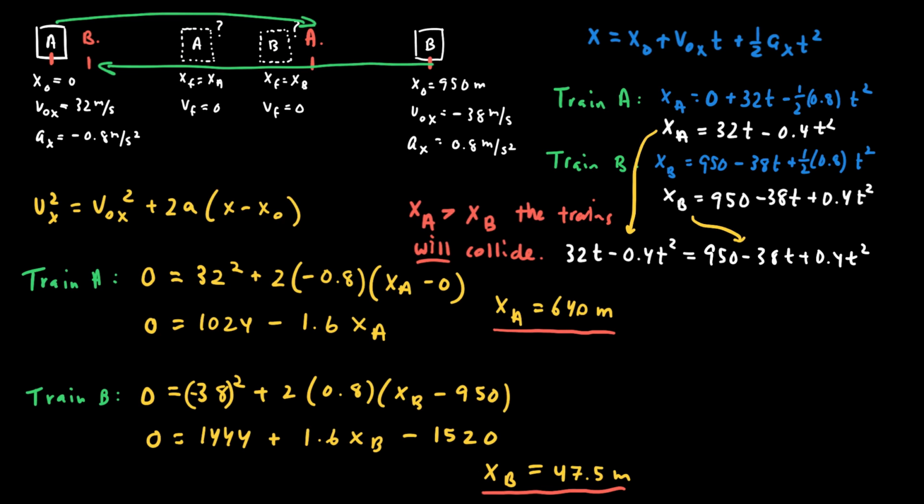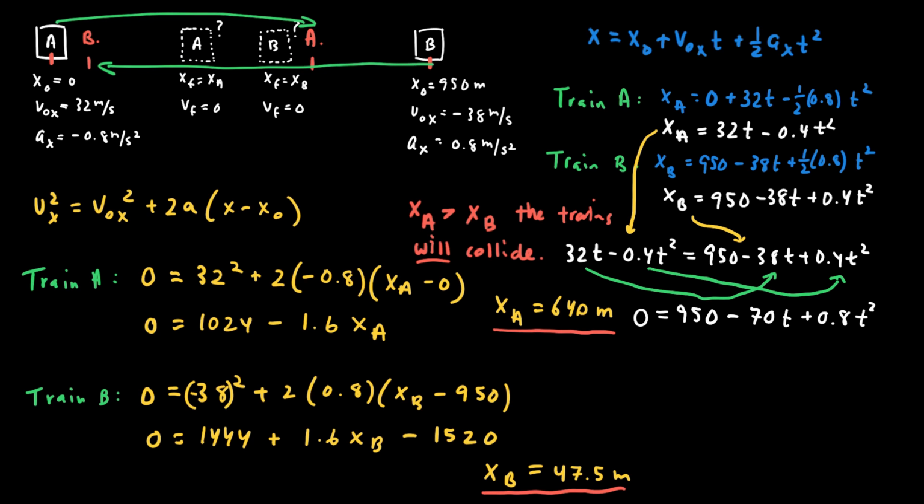And so there's lots of simplification that can occur here. I'm going to add this 0.4t squared to the right-hand side. I'm going to subtract this 32t to the right-hand side with this term. And what we'll find is that we will get 0 equals 950 minus 38 and 32 gives me 70t plus 0.8t squared.